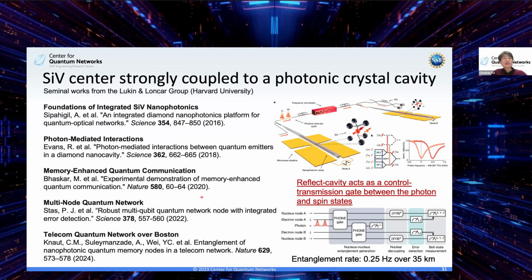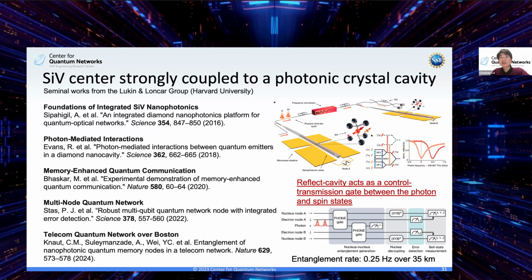On the other side, in the Boston area, the Boston testbed, the Lonkar group at Harvard University is trying to use silicon vacancy to overcome the inefficiency of the natural vacancy center systems. Their idea is to have an integrated photonic crystal cavity.